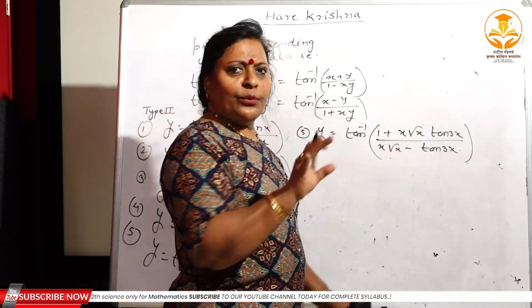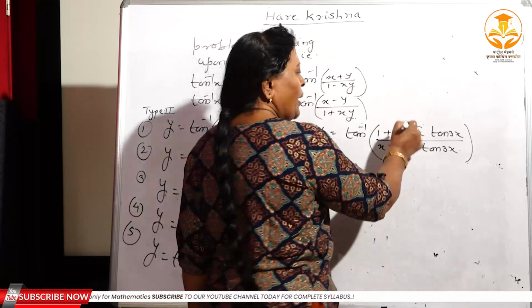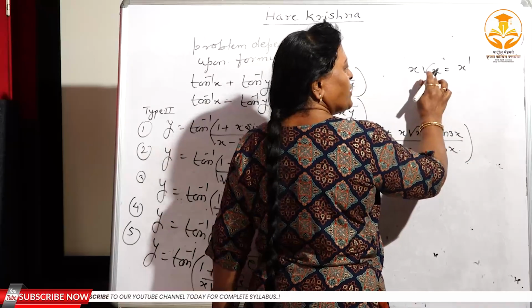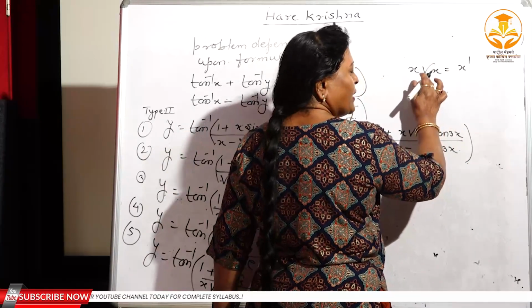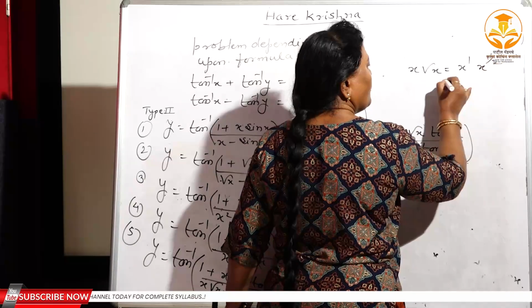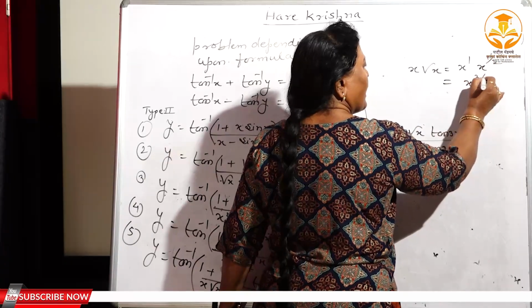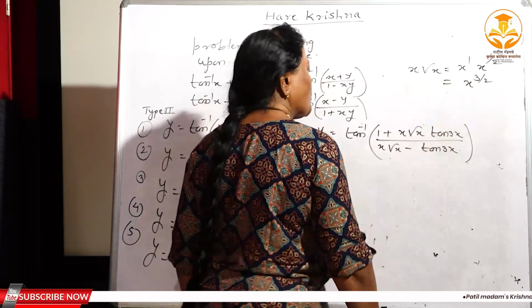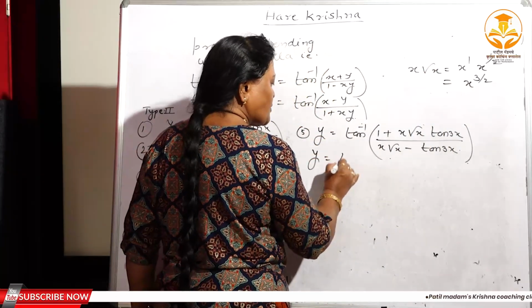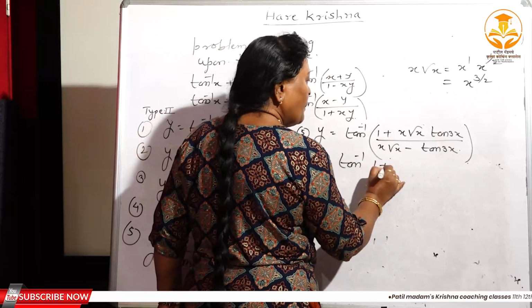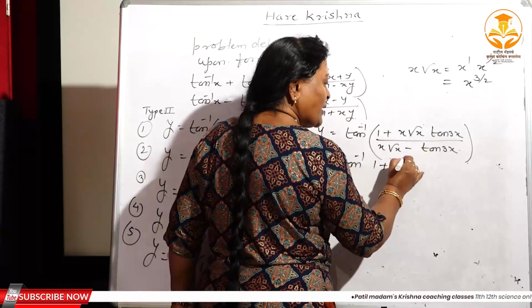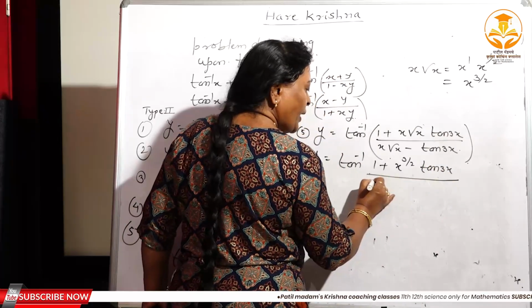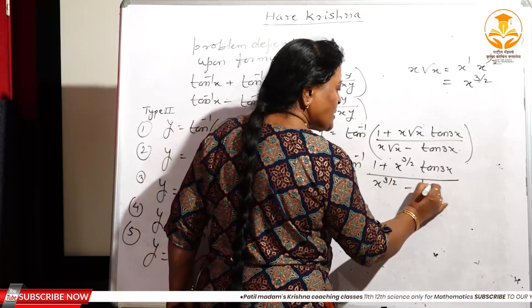You see, these look like two terms, but actually this is one term, because x root x you can write with power 1, and if you eliminate the root, the power is 1 by 2. When the base is the same, you can add indices. Therefore, in place of this, you can substitute x to the power 3 by 2. Therefore, you can write y is equal to tan inverse of (1 plus x to the power 3 by 2 tan 3x) divided by (x to the power 3 by 2 minus tan 3x).